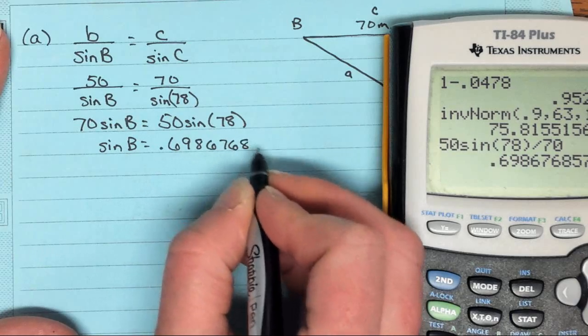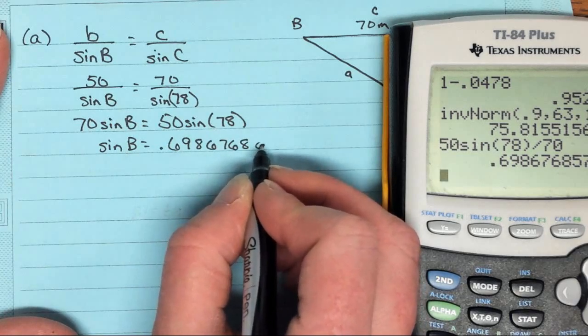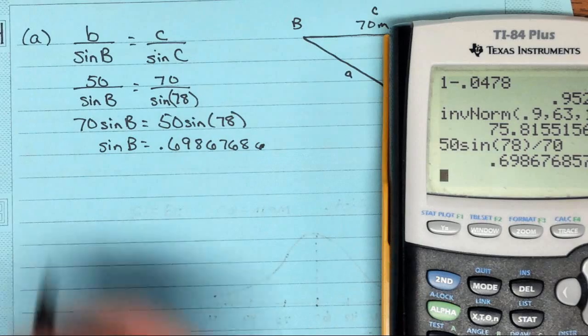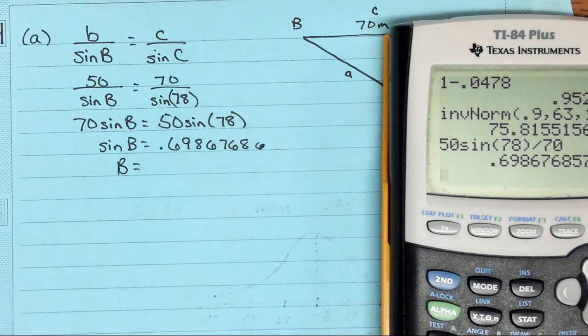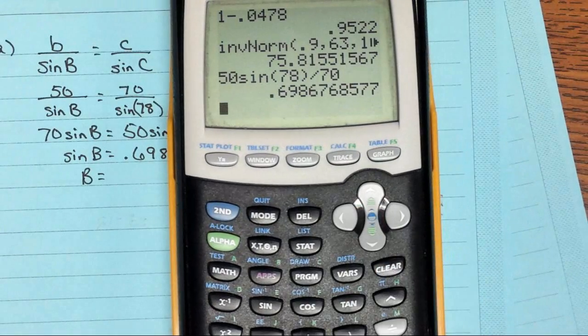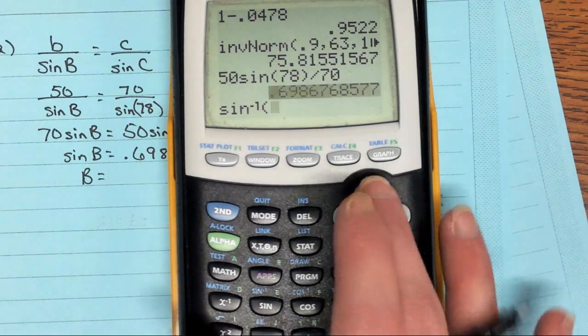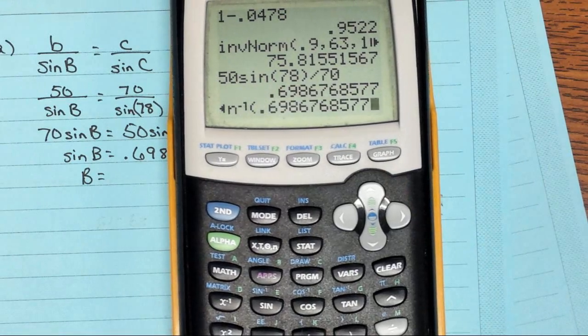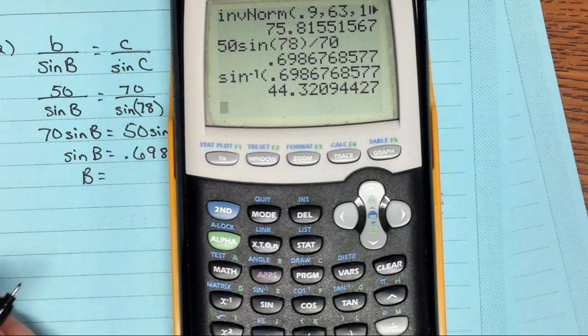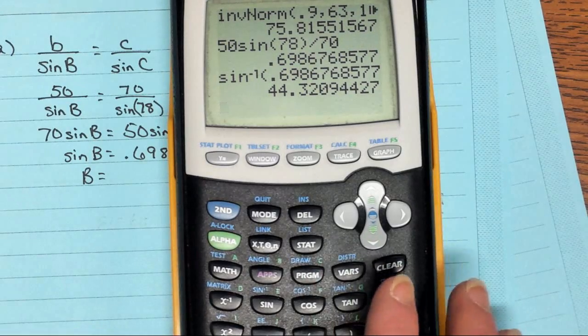Is that the actual angle? That's what sine equals. So how do we find the angle? The inverse sine of whatever that answer was. Yeah, 44.3.